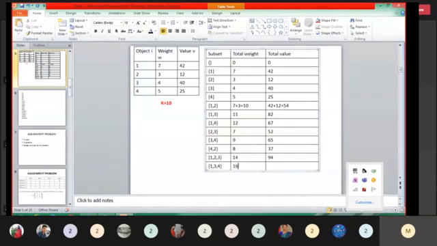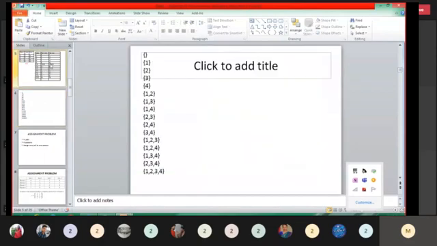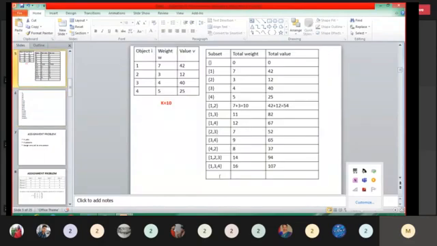Weight 16, and the value: 40, 80, 100, 107. Next is 2, 3, 4.